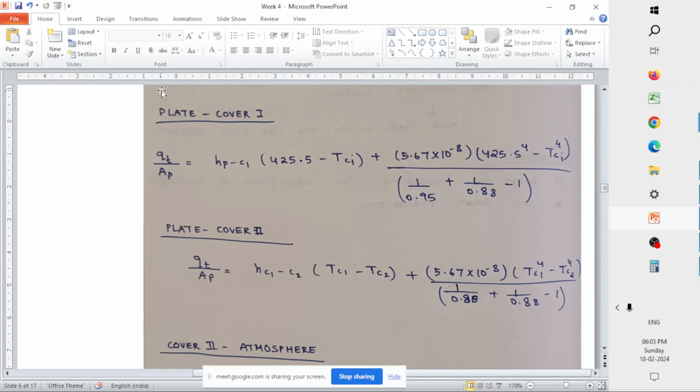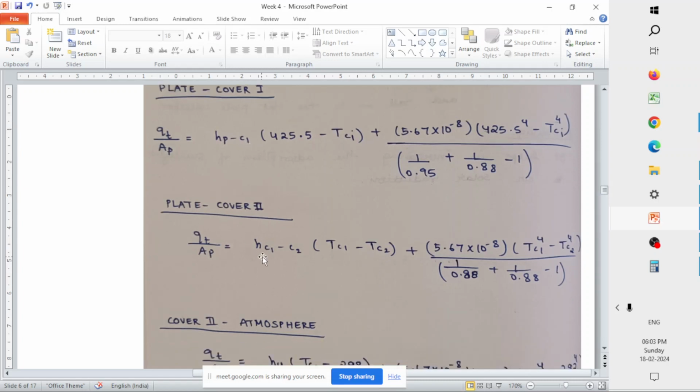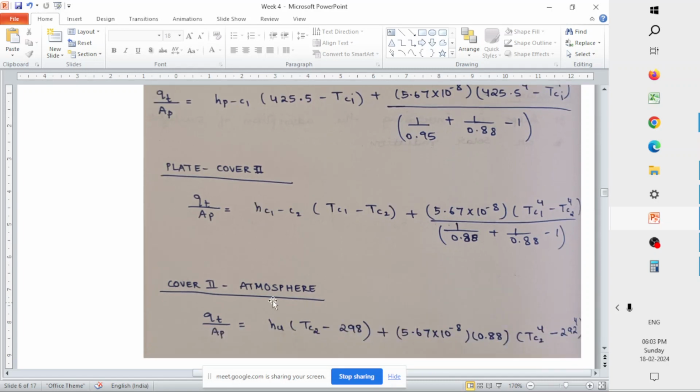So you will have totally 3 different types of coefficient to calculate: your HPC1, convective heat transfer coefficient between the plate and the cover 1, convective heat transfer coefficient between the cover 1 and cover 2, and the convective heat transfer coefficient between your cover 2 and the atmosphere.